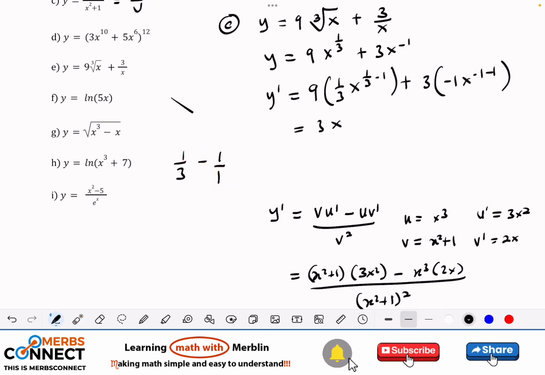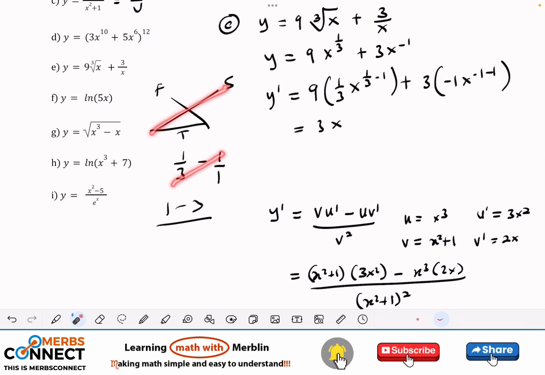So first, second, third. So which one is the first? This. So 1 times 1 is 1. This will multiply this, minus 3 times 1 is 3, divided by the third, we go this way. So first is this, minus second is this, then divided by the third, which is this times that.